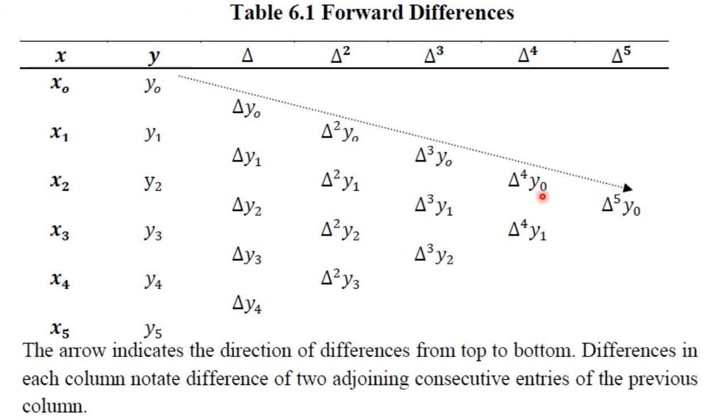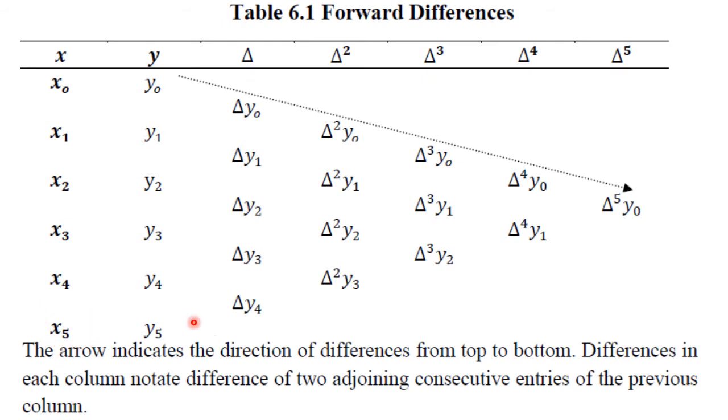You don't need to remember the formula. If you have made this table with the values, you can say, okay, my answer is del 5 of y naught is equal to this. And students, it is interesting to see that if you want to find the first forward difference operator at x5, then you need x6 as well, but x6 is not available, so it means at the last point you cannot find the first difference operator.